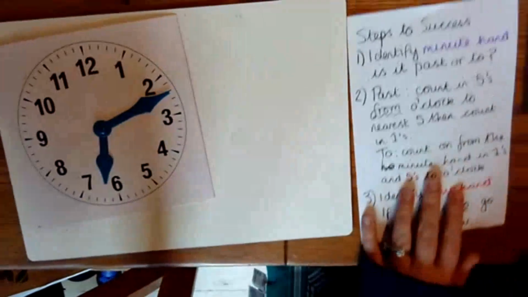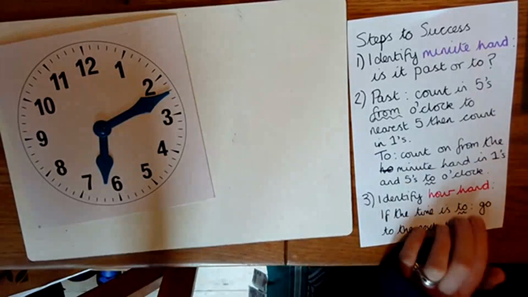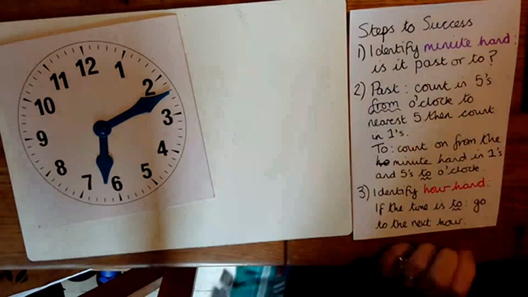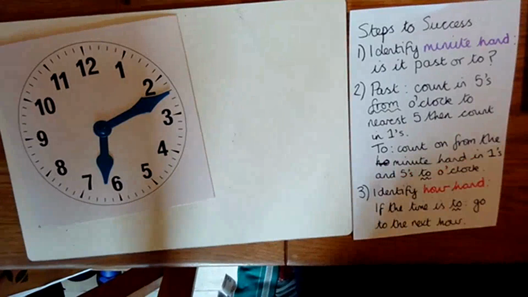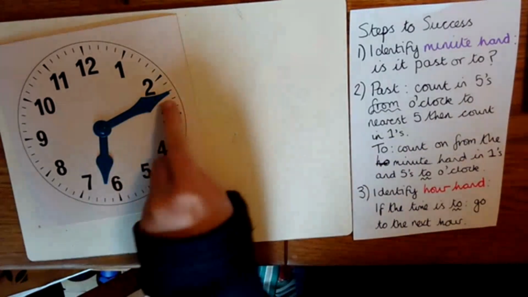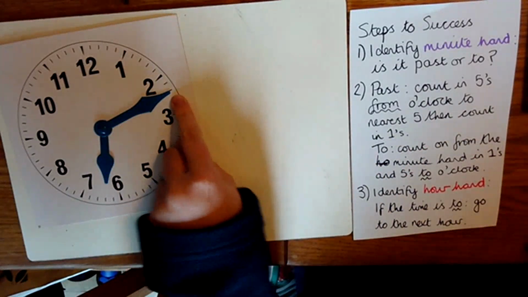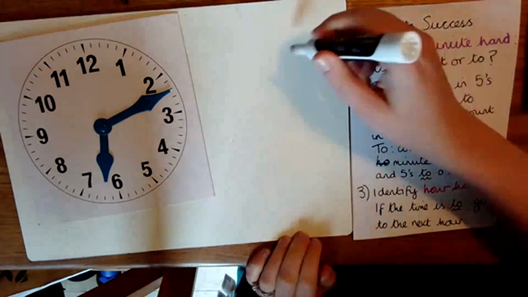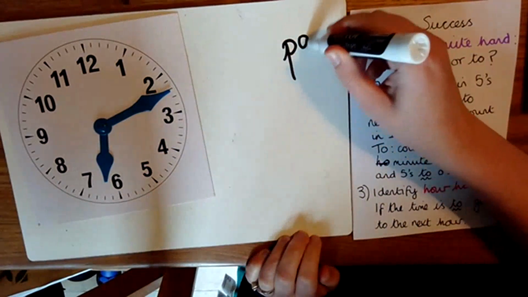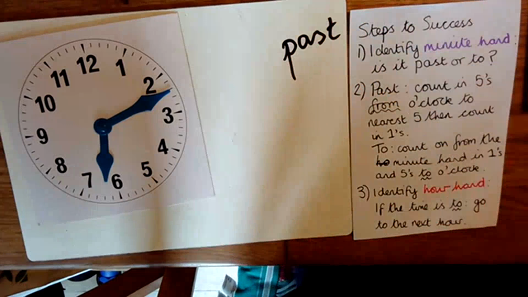We're now going to look at 1-minute intervals, and it is pretty much the same method. We just have to add one more step. So this first step we'll be familiar with. Identify the minute hand. Is it past or to? This one is past, because we can see we haven't crossed our half past. So I'm just going to write past so we remind ourselves that's what we're looking at.